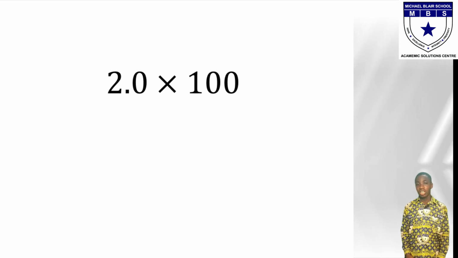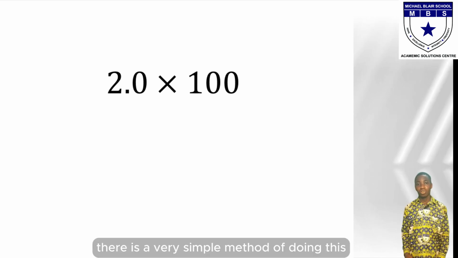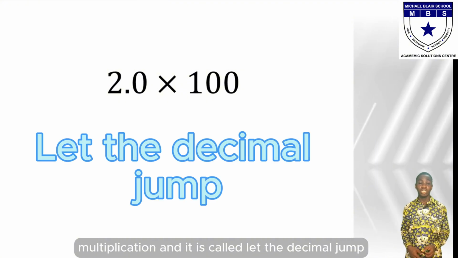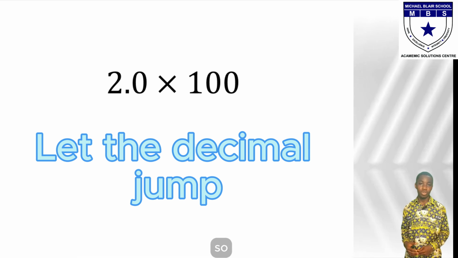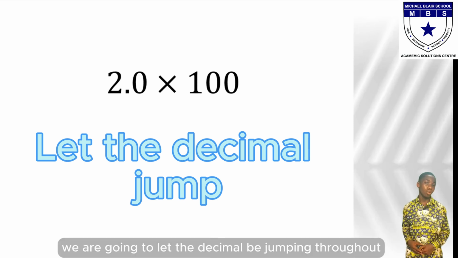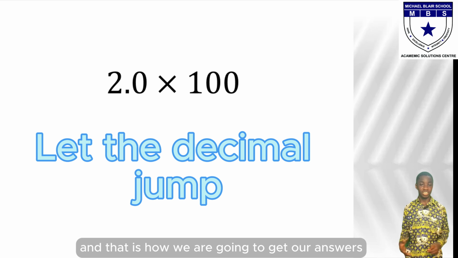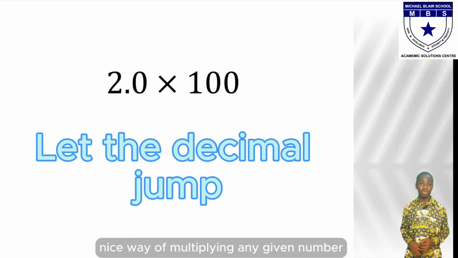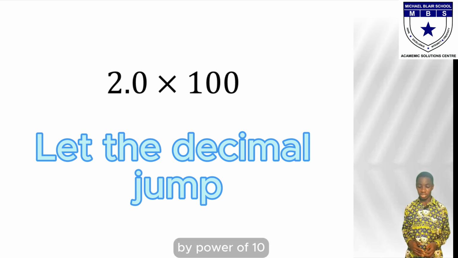There is a very simple method of doing this multiplication, and it is called let the decimal jump. So we are going to let the decimal be jumping throughout. That is how we are going to get our answers. Very interesting method, very nice way of multiplying any given number by power of 10.